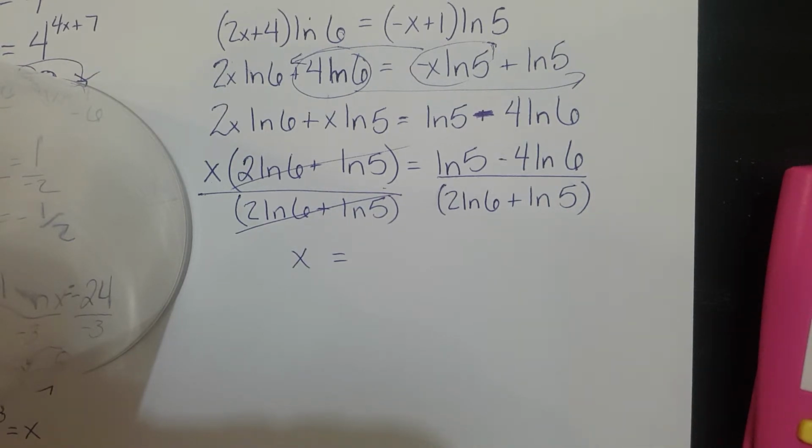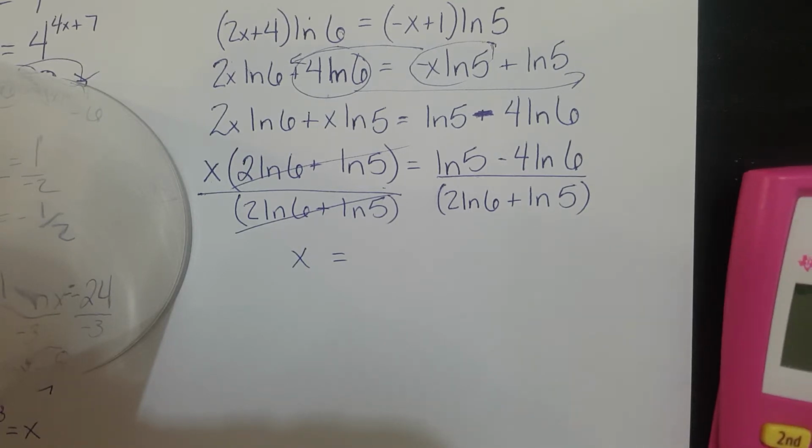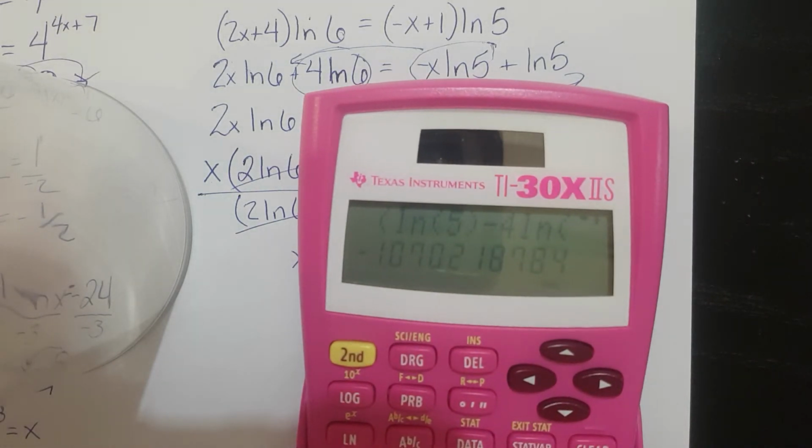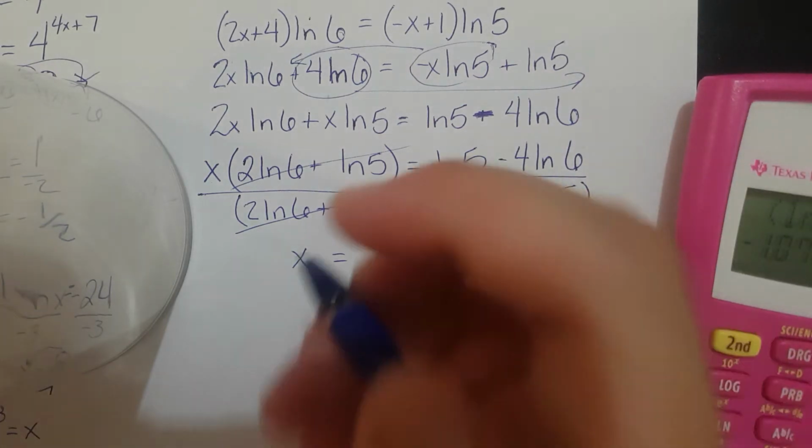Make sure to make it a fraction, and make sure to close all the brackets as you need to. ln 6, close the brackets, and then divide by 2 ln 6, close my brackets, plus ln 5, close the brackets, and I got negative 1.070.